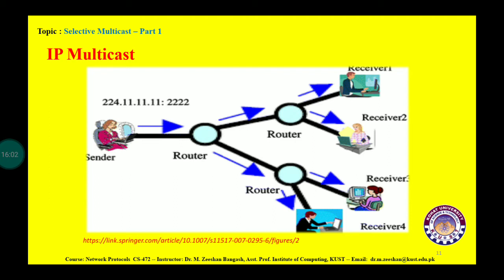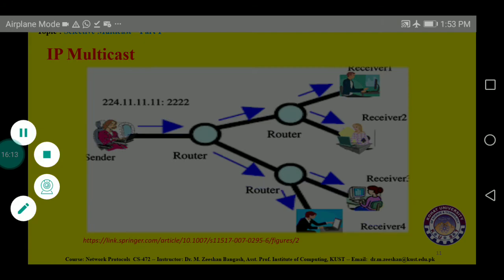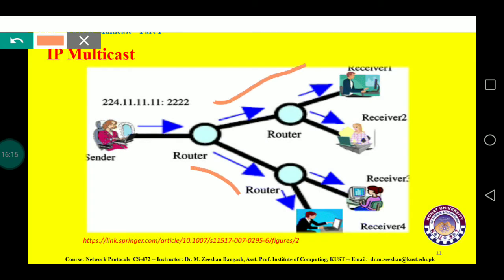The sender makes only a single transmission toward that multicast group, and then that switch or node transmits it to multiple interfaces, to all the receivers who are members of that group.